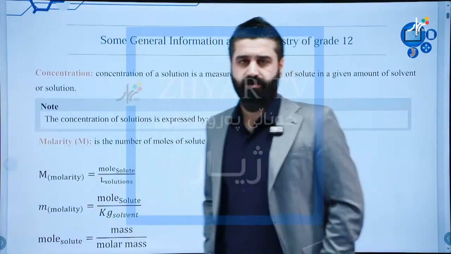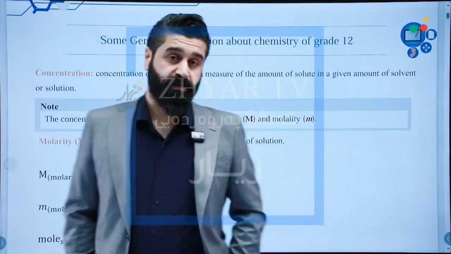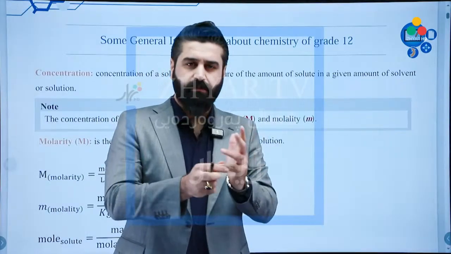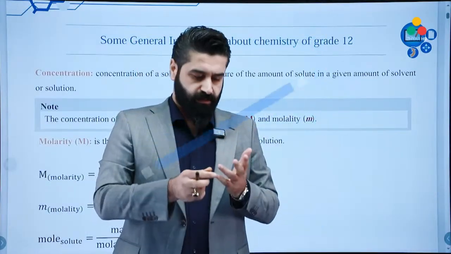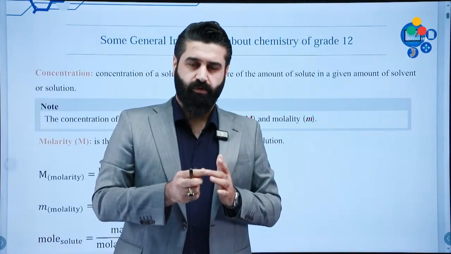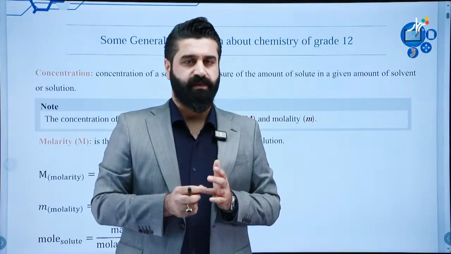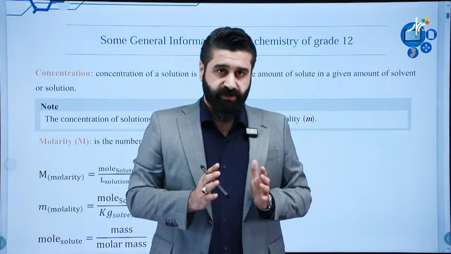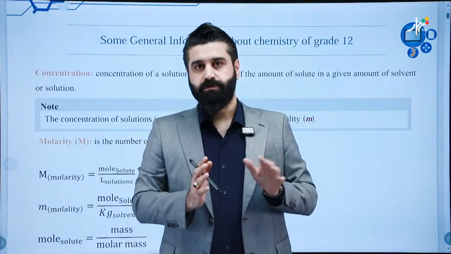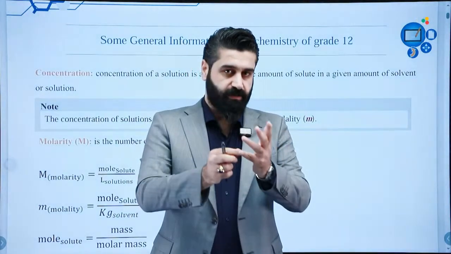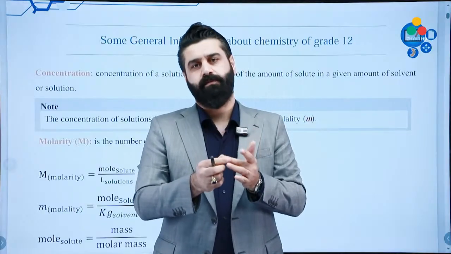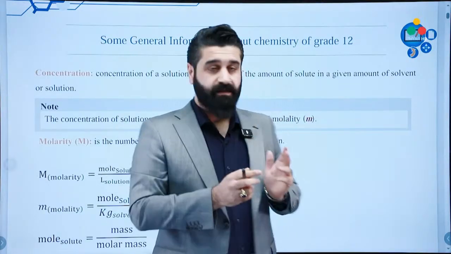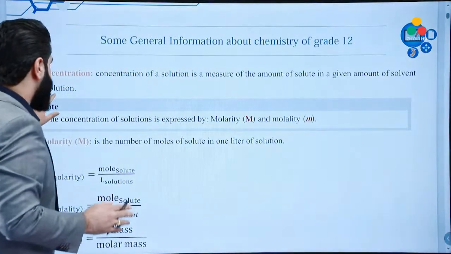We have to review how to write the chemical formula, what the ions are, including monoatomic ions and polyatomic ions, okay? Because this kind of revision will shed light on many other chapters, like chapter 1, chapter 2, chapter 3, chapter 6 mainly, chapter 7, okay? So as I say, these are really important.